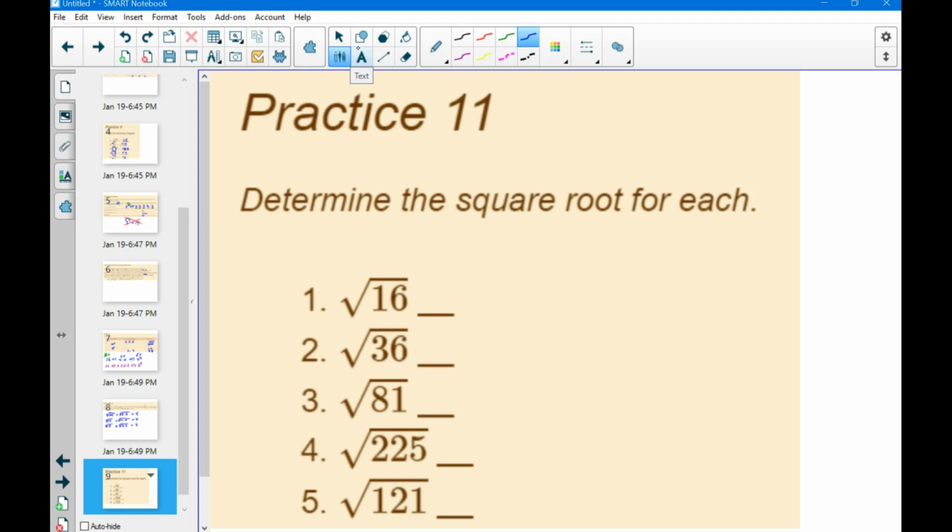You know that 4 times 4 is 16, so the square root of 16 is 4. Or if you want to see it worked out a little better, you can go, okay, I remember that this means 4 times 4, so the square root is 4. Here, you know that this is the same as 6 times 6, so the square root of 36 is 6.